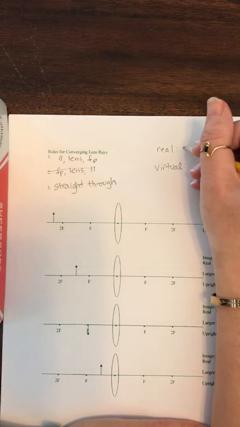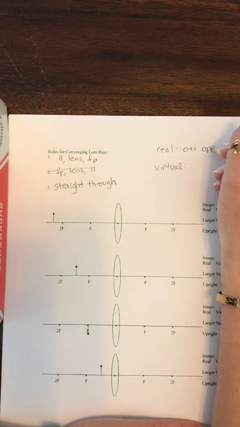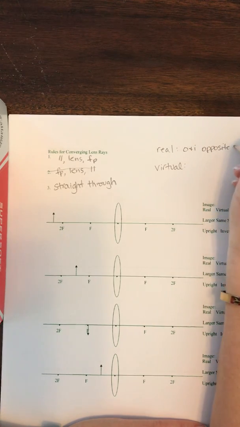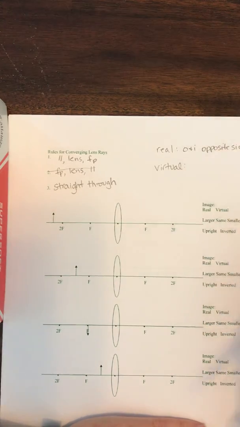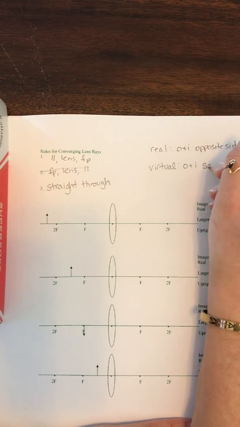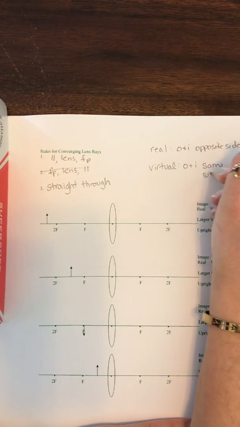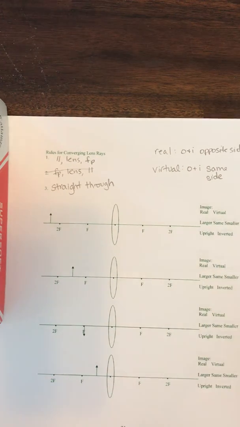So a real image means that the object and image are on opposite sides. Okay, which means that a virtual image means that the object and image are on the same side.